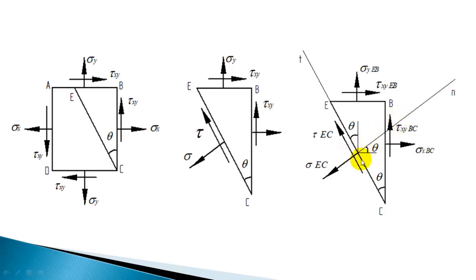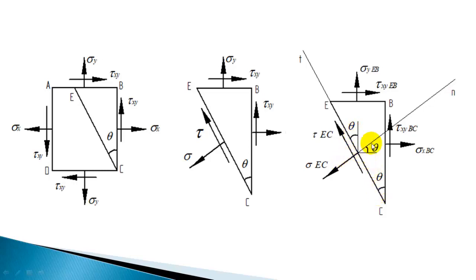So when this is 90 minus theta, this angle has to be theta. So you get the angle the normal makes with the horizontal as theta. Similarly, here you can find this is theta, the same inclination of the section plane with the vertical. So this tangential plane is making an inclination theta from the vertical.